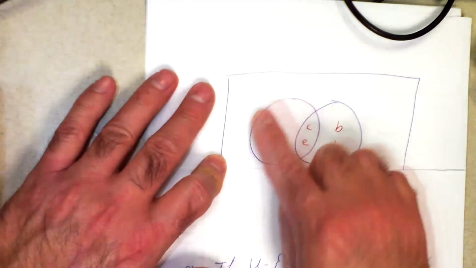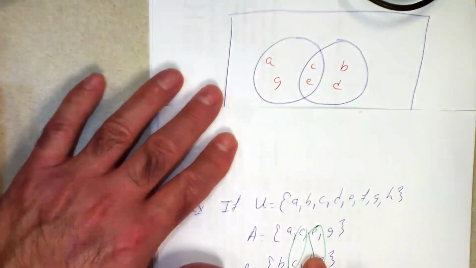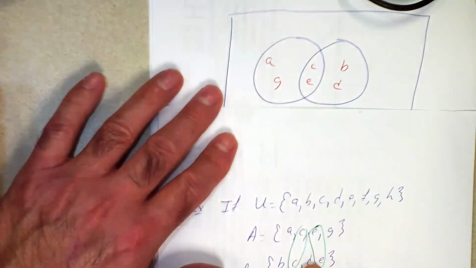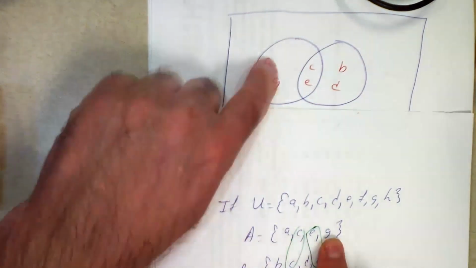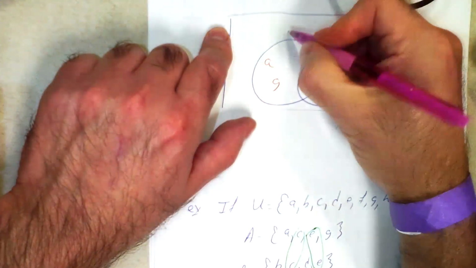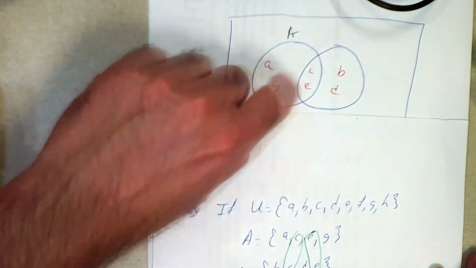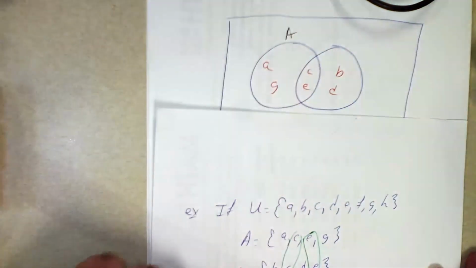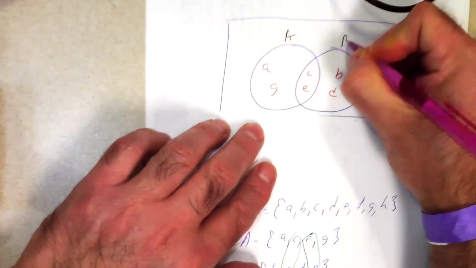So here's my picture, and I'm going to put the C and the E, which they have overlapping here, which means A would have the leftovers, A and G, on that side. So that's A. Notice A is A, G, C, E. And this circle has to be B. Why?